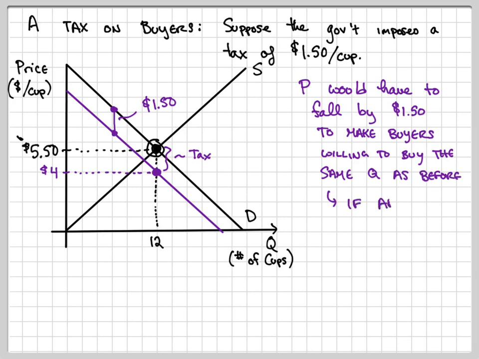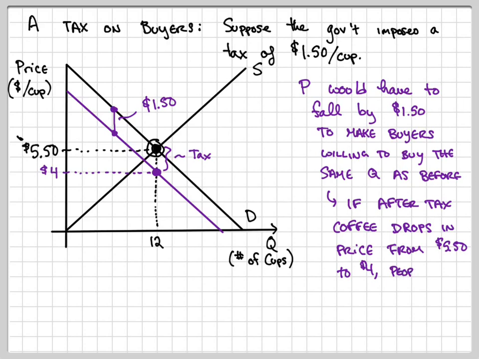If, after the tax, coffee drops in price from $5.50 to $4, people are still willing to buy 12 units.